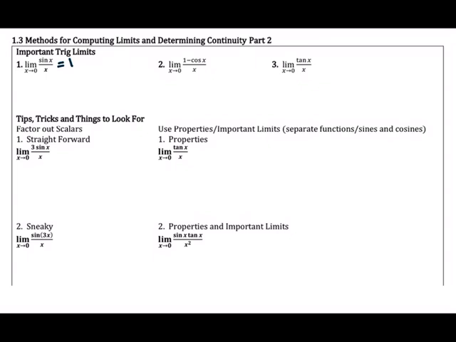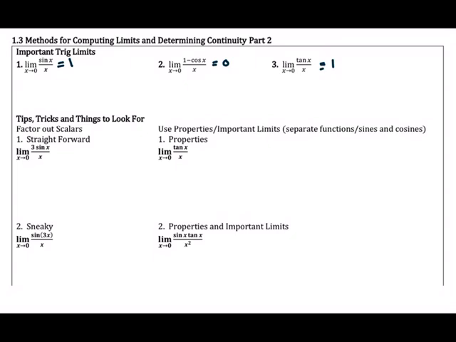The second limit that is important to know is the limit as x approaches 0 of 1 minus cosine of x over x is equal to 0. And the last one, which we're actually going to derive in this lesson, is the limit as x approaches 0 of tangent of x over x is equal to 1.